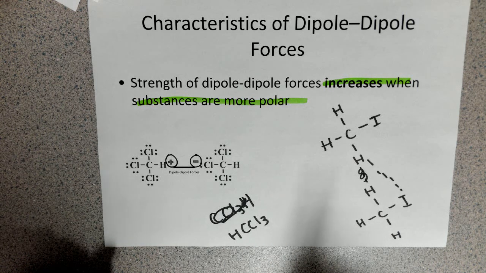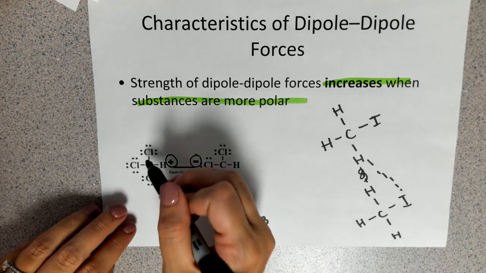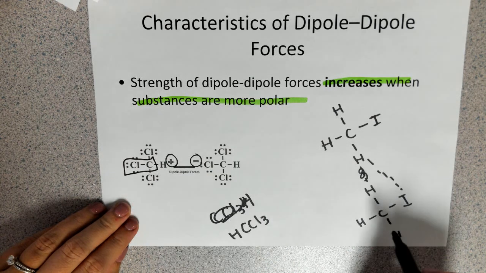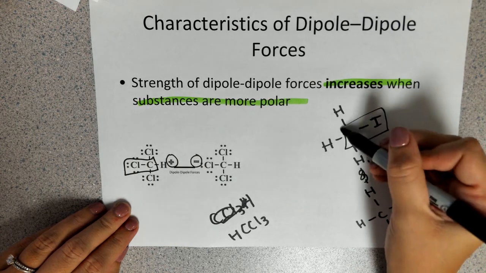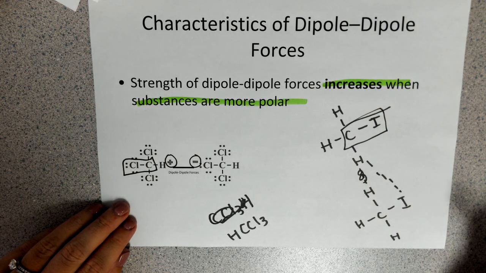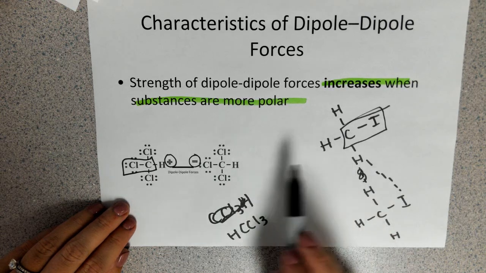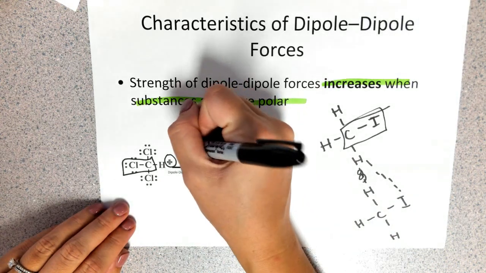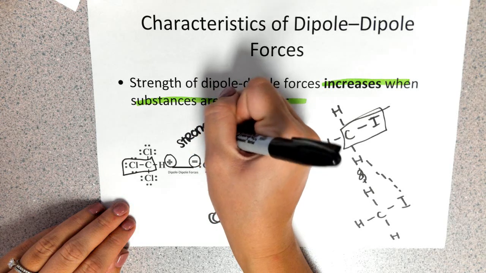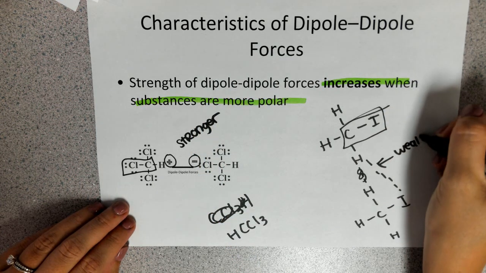I hope you know that carbon and chlorine is a more polar bond than carbon and iodine would be. How do we know that? Electronegativity differences. There's going to be a bigger difference between carbon and chlorine than carbon and iodine. So this one would be the stronger dipole-dipole force, and this one would be the weaker.